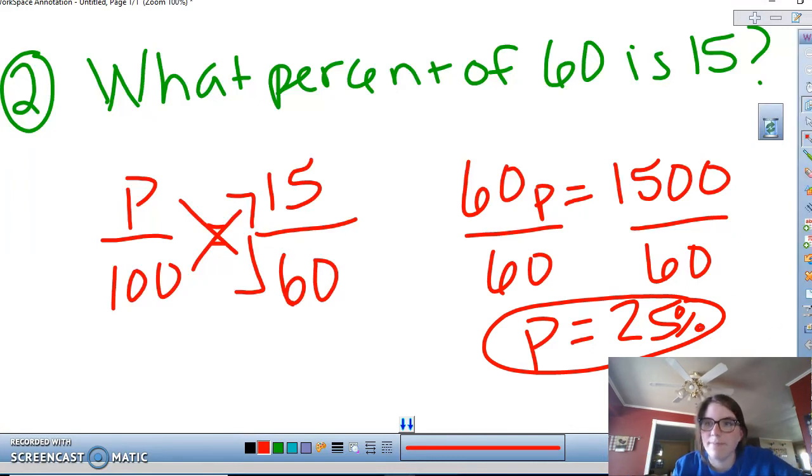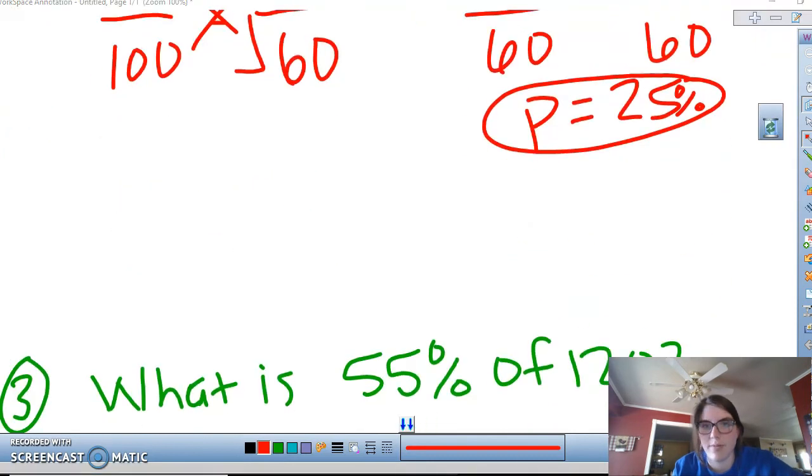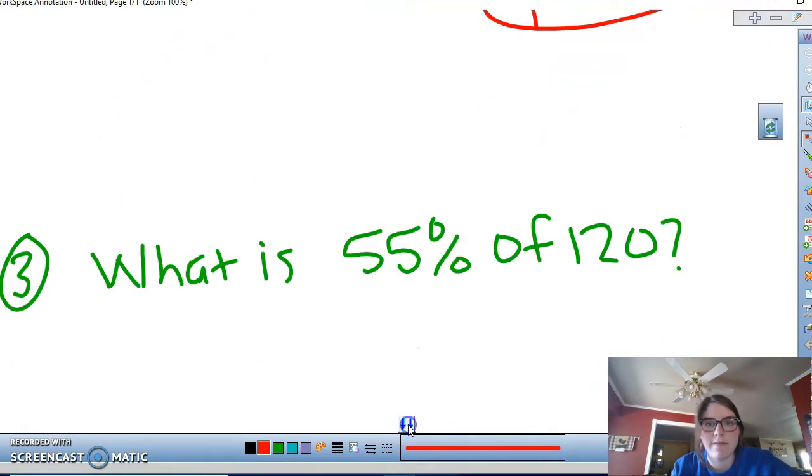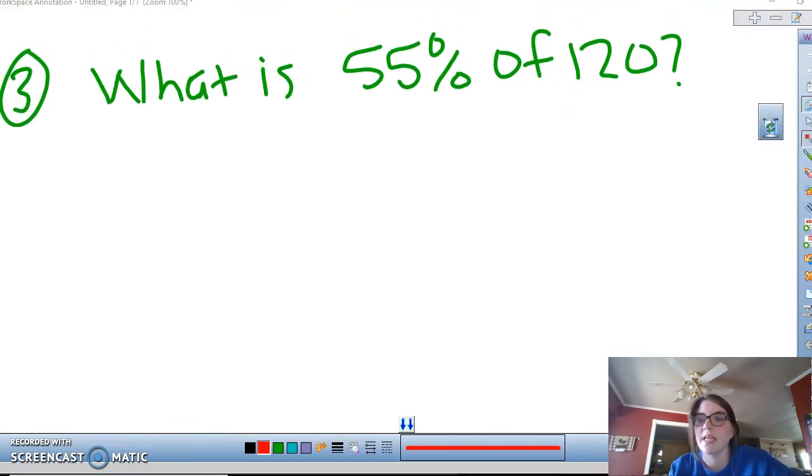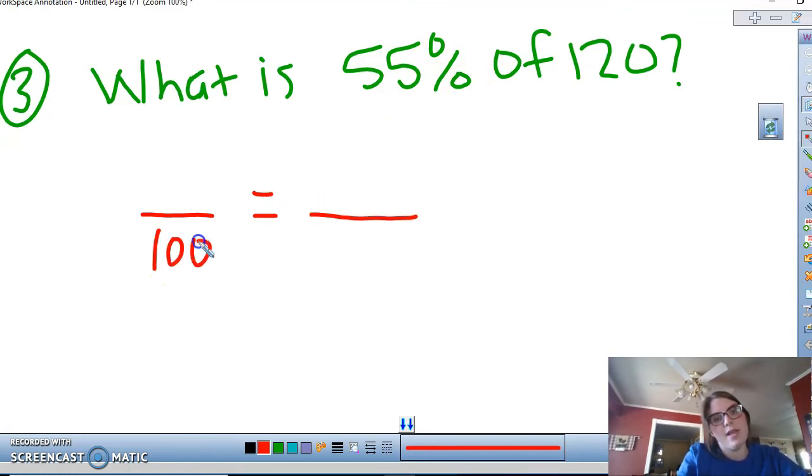The next problem, and last problem we are going to be working on together, says, what is 55% of 120? This problem is one of the easy ones because it gives you the percent, and you know exactly which variable this is because it has the percent sign. So again, I'm going to draw my two lines. I'm going to have 100 on the bottom.